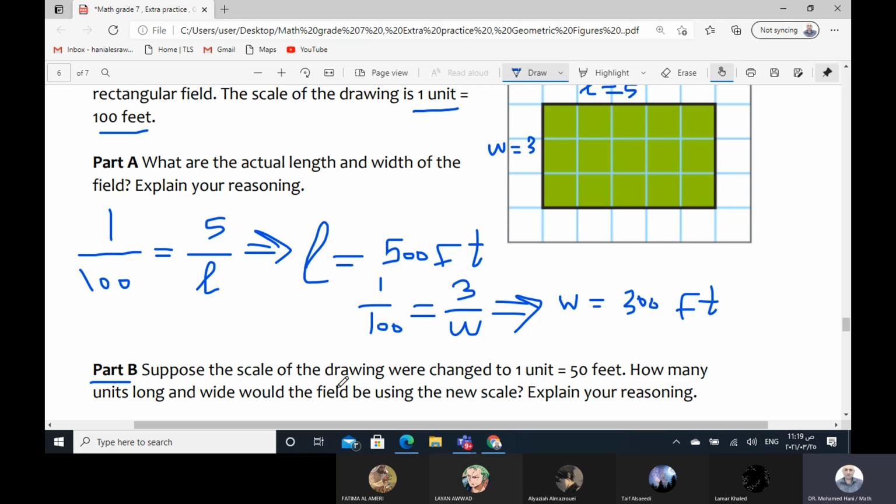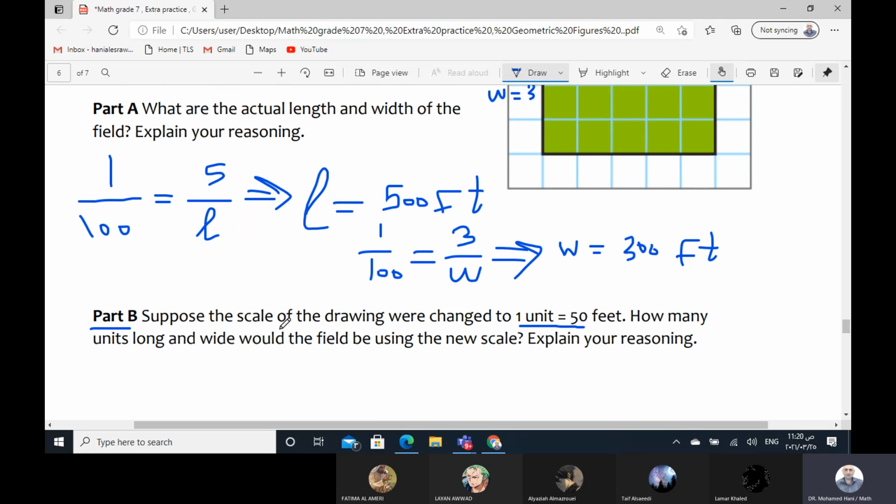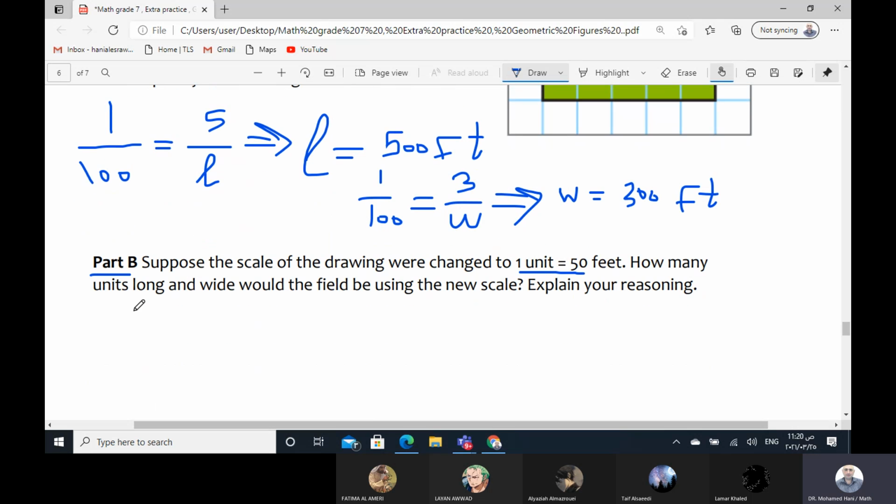Suppose the scale of the drawing were changed. So here we have two scale, the first one and the second one. Now we change the scale. How many units long and wide would the field be using the new scale? The same idea, but the ratio here changed. Here 1 over 50.